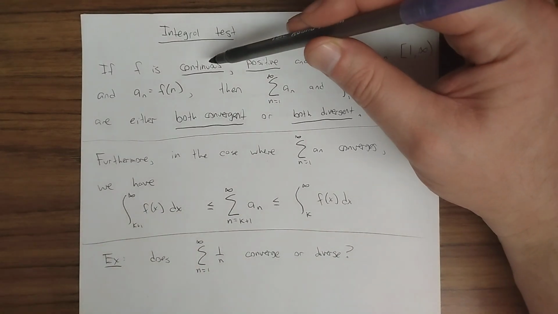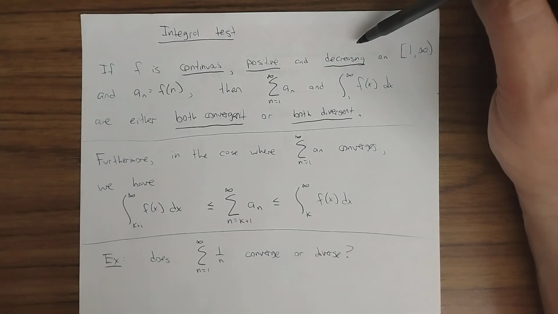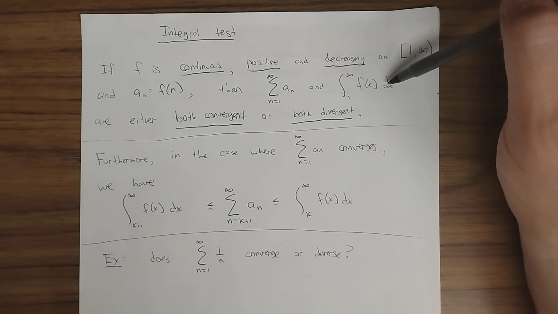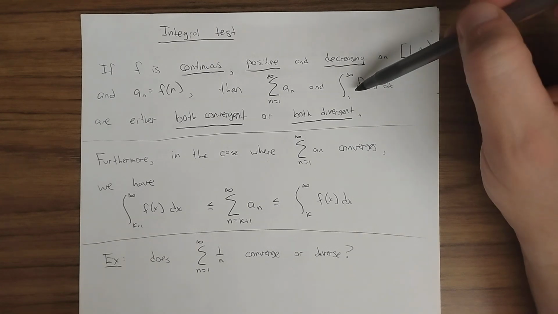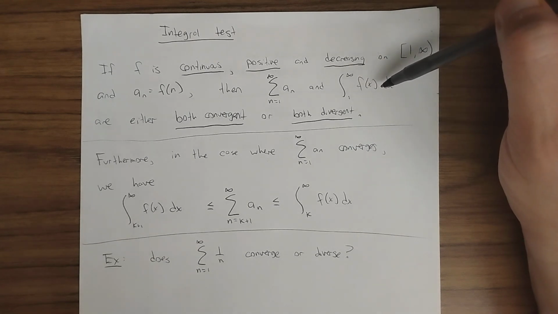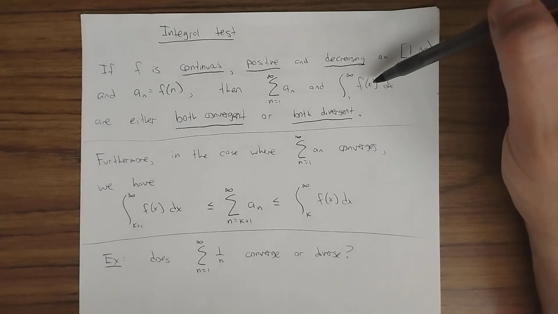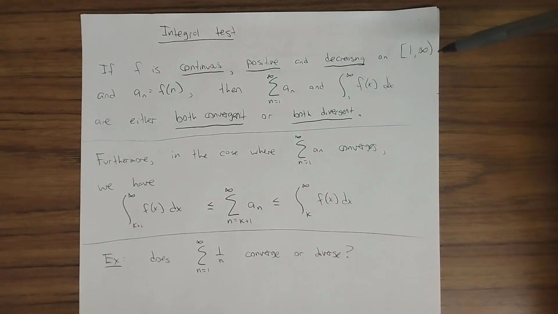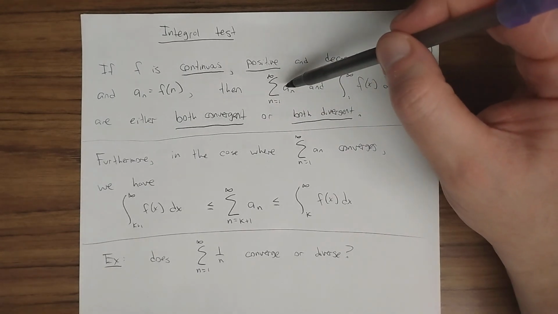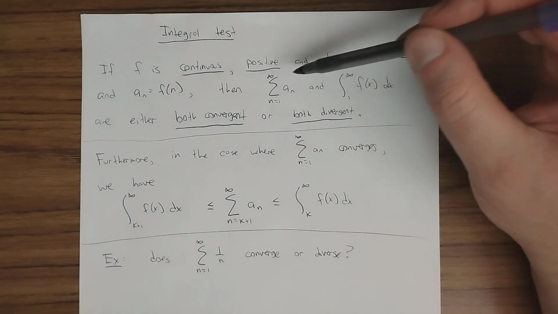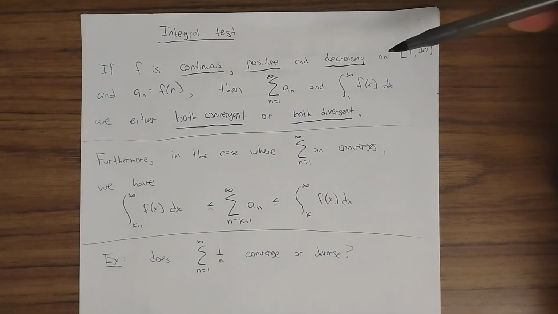But as long as it has these three properties, then what you do is you look at the improper integral and hope that this improper integral is something that you're able to do. And assuming you're able to figure out the answer to this, and when I say the answer, I mean whether it converges or diverges, that tells you the answer for the original series. So that does the same thing, whether it's converge or diverge.